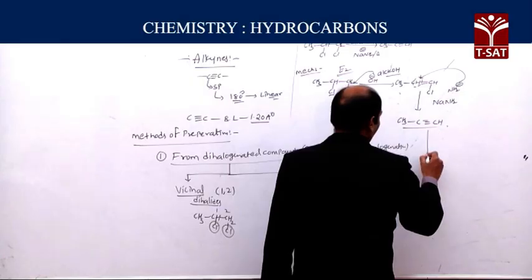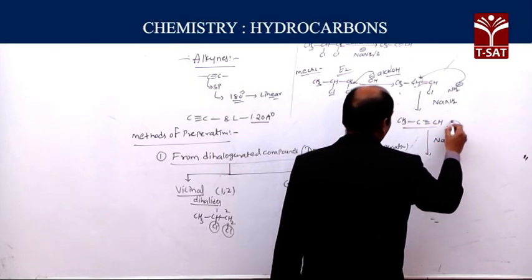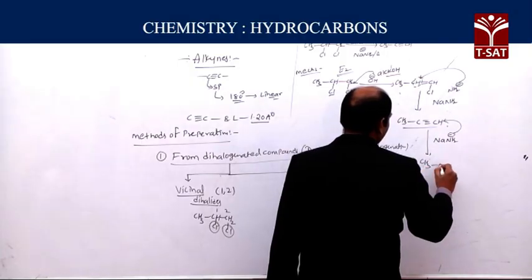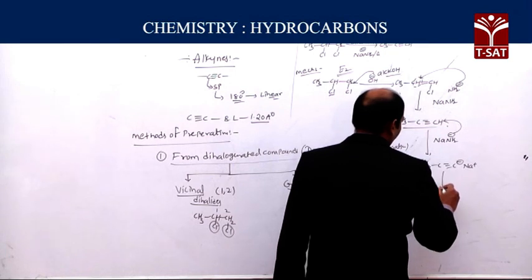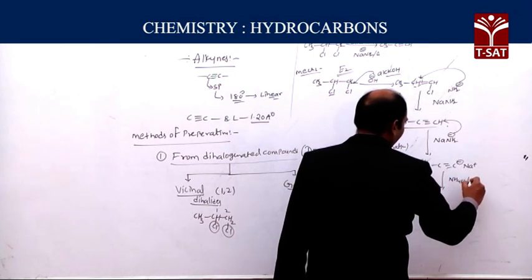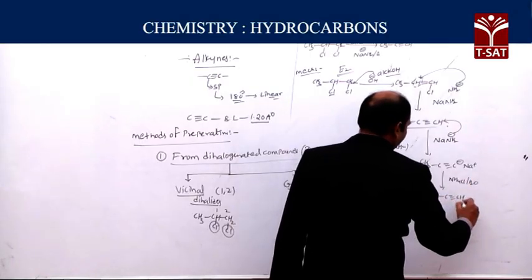There is one more drawback: if we use excess NaNH2, the NH2 minus abstracts this terminal proton also, and we get CH3 C minus Na plus. Following acidification, in neutral medium with NH4Cl or water, this abstracts H plus from water and we get the alkyne.